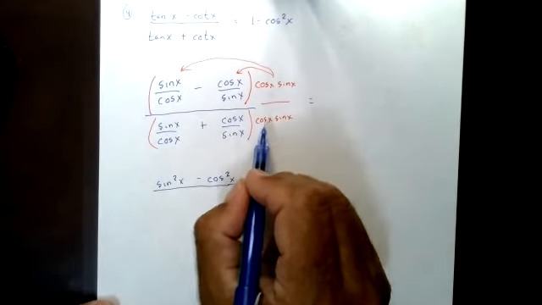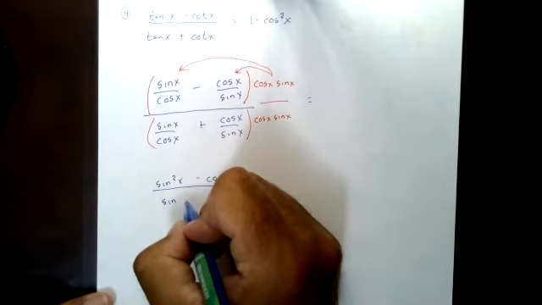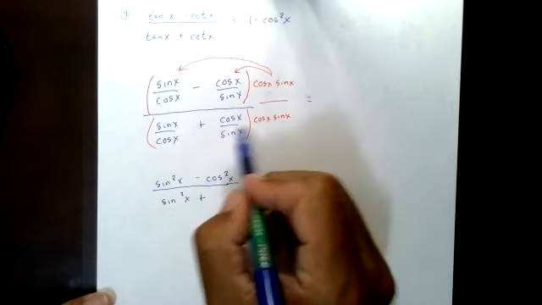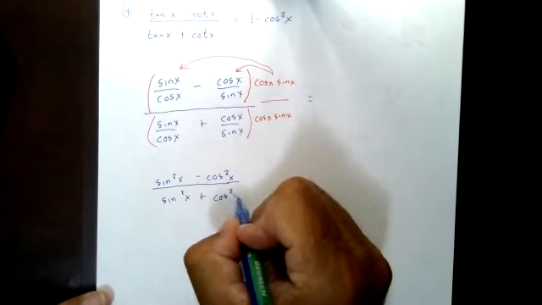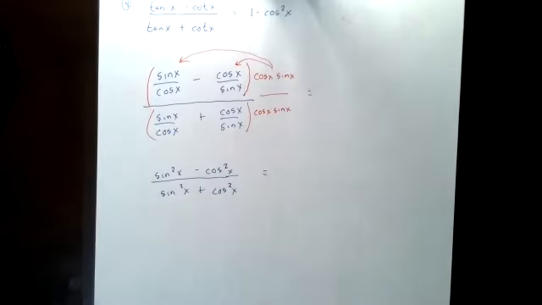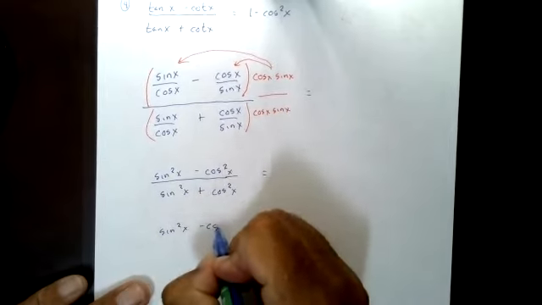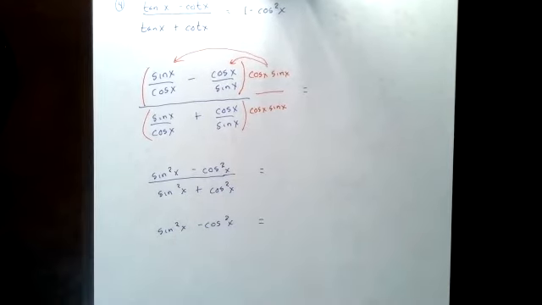Distribute in the denominator. Cosines cancel. I'm going to be left with the sine squared of x plus, if I distribute, the sine of x's cancel, and I get the cosine squared of x. Pythagorean, there it is. Sine squared of x minus cosine squared of x over 1, because sine squared plus cosine squared is 1.